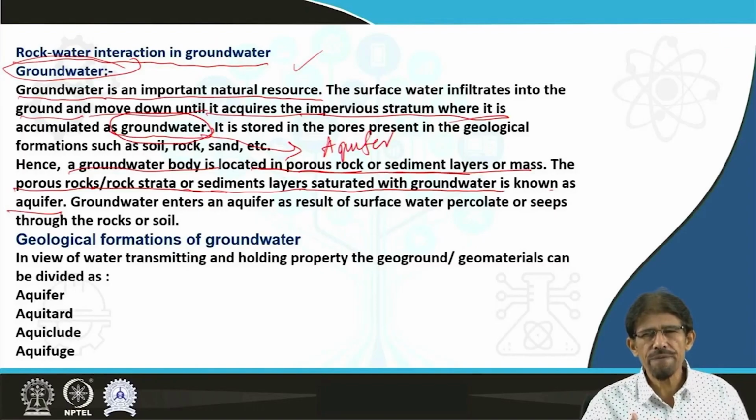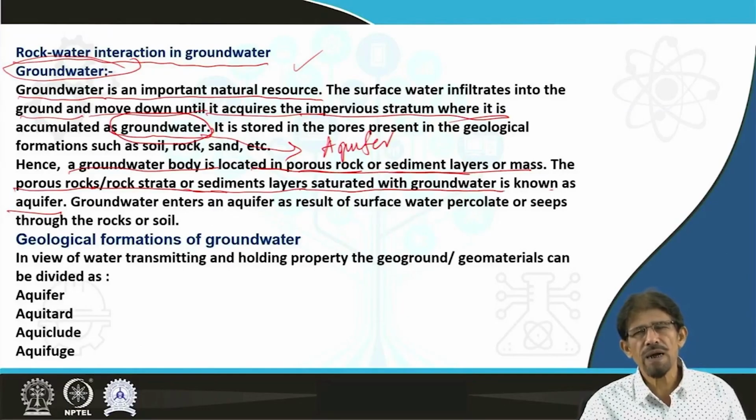If the upper layer is not impervious and is open, then it is unconfined. The aquifers located in the Indo-Gangetic plain area are mainly unconfined. However, the hilly terrains are rich in confined aquifers.